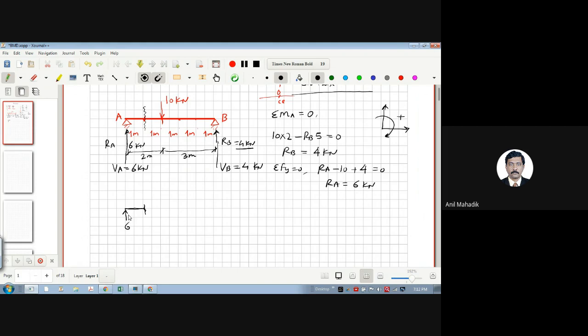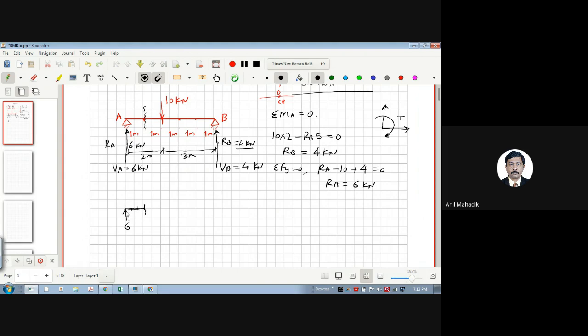So as far as the shear force is concerned, if this is the 6, then there will be shear force 6. Shear force is nothing but the summation of all the vertical forces to the left side. So what will be the shear force at this point? 6 only, because the summation of all forces at this point is 6.